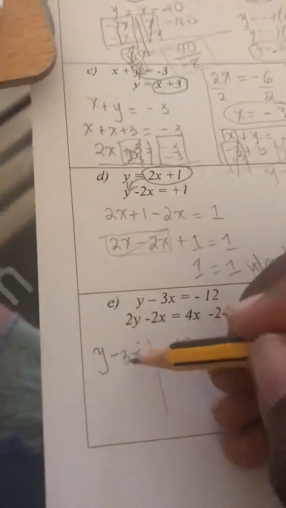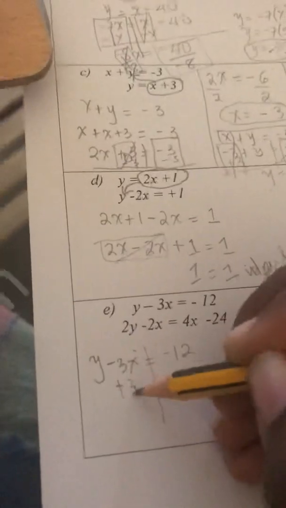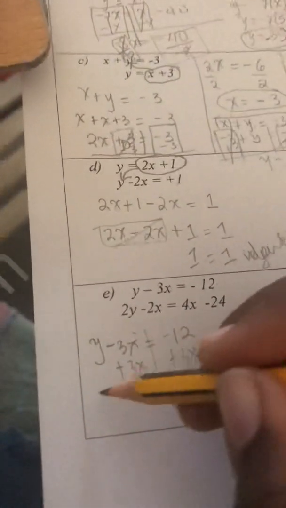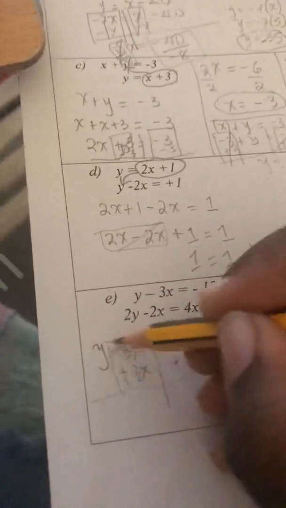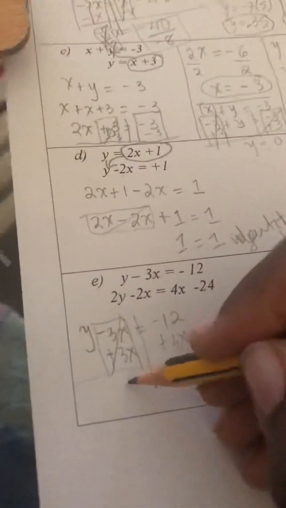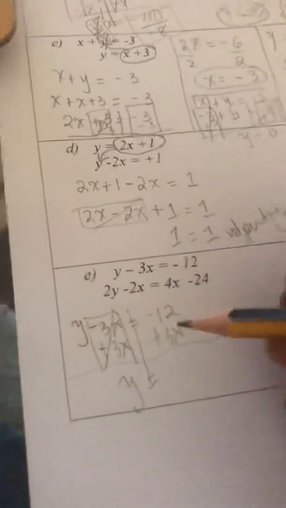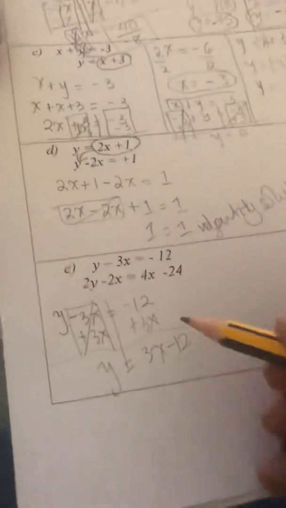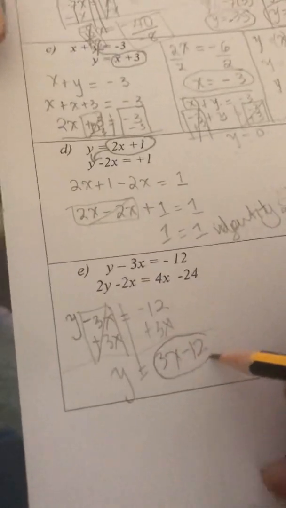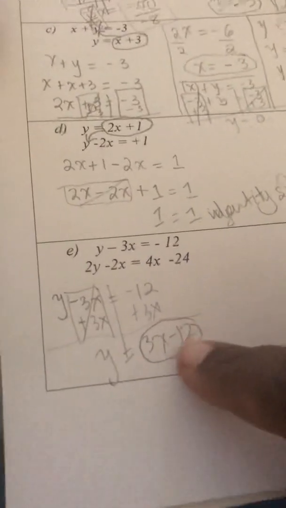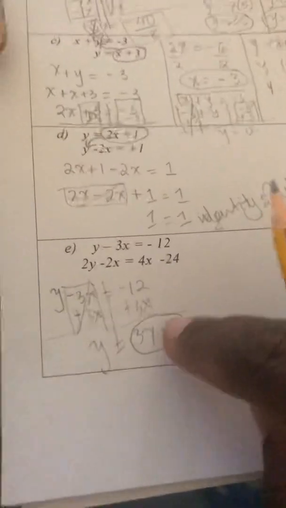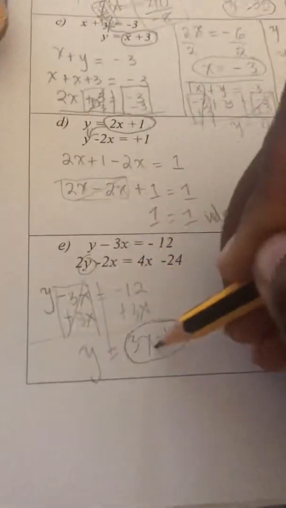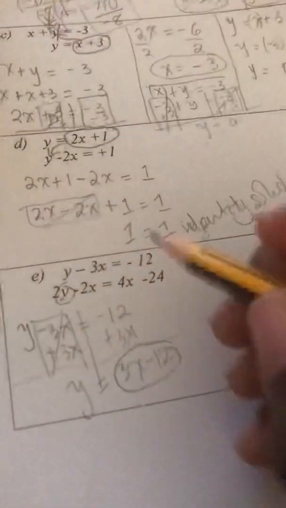I need to move and make y by itself. Plus 3x, plus 3x. This goes away. So y equals 3x minus 12. So I know that y is 3x minus 12. Where I see y, I will put 3x minus 12. So this will change to become that.